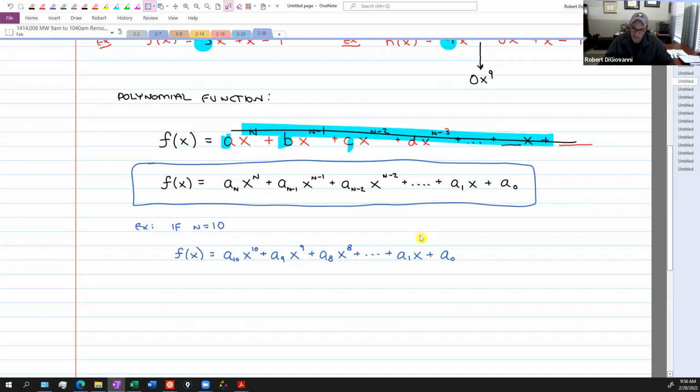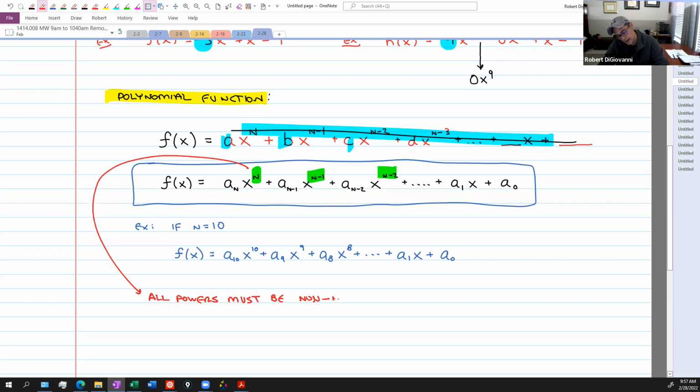Okay, I need to clarify some things. On a polynomial function, we have some restrictions. The first restriction is this: all of these powers must be non-negative integers.